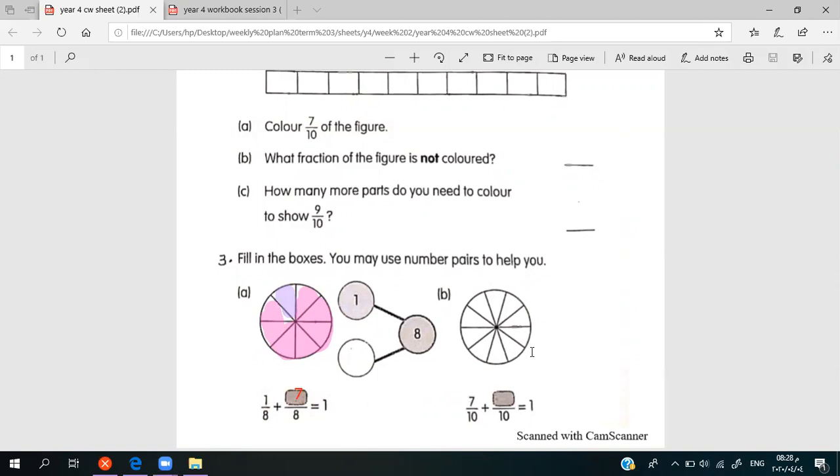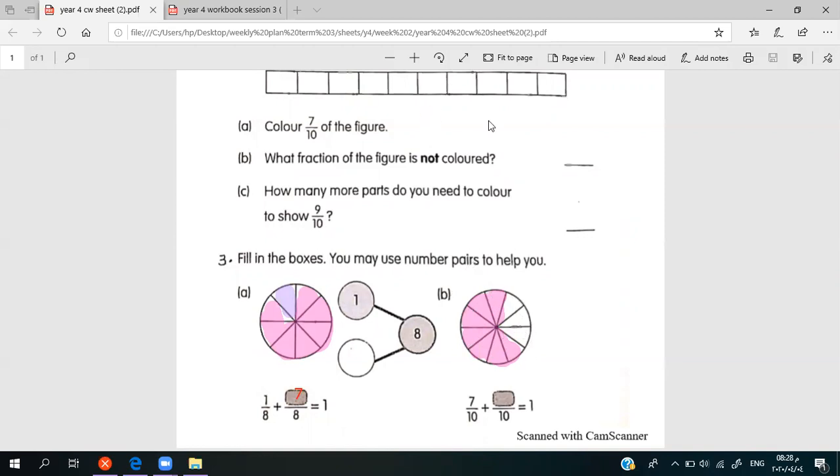Now here, it's divided into 10 parts. First, 7 from the 10. Let's color 7 from the 10. Like that, I colored 7 from the 10. How many parts are left from the 10 to make it a whole one? 1, 2, 3.